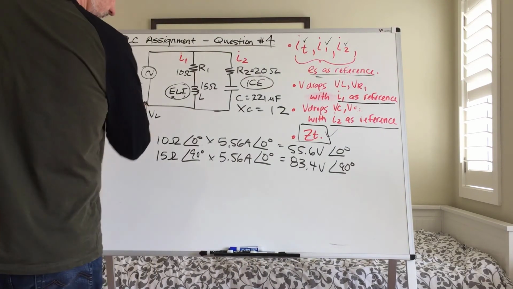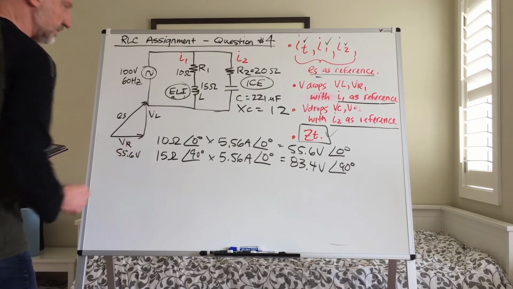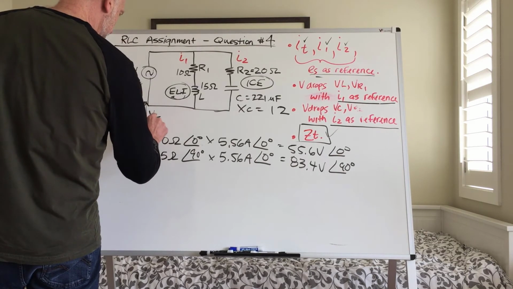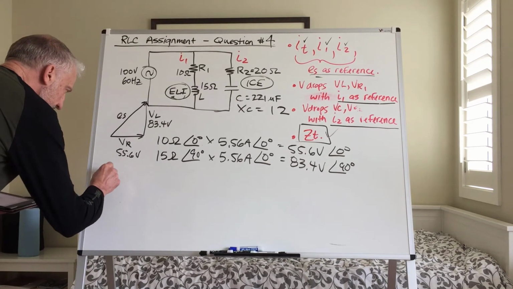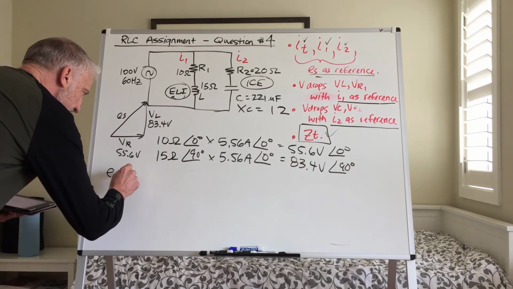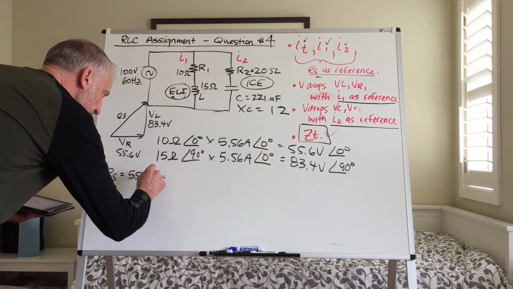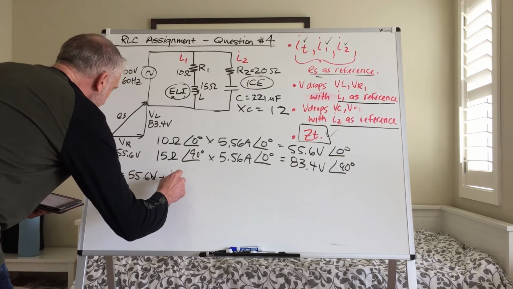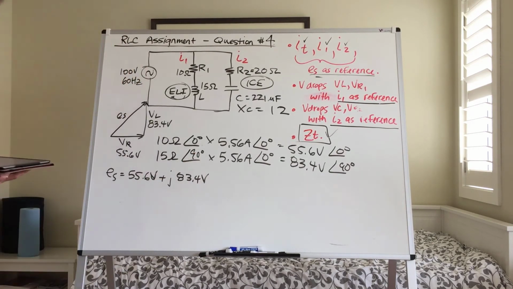So that means in our triangle here, we've got 55.6 volts for VR, 83.4 volts for VL. Our E source value then, as a rectangular value, would be 55.6 volts plus J 83.4 volts.